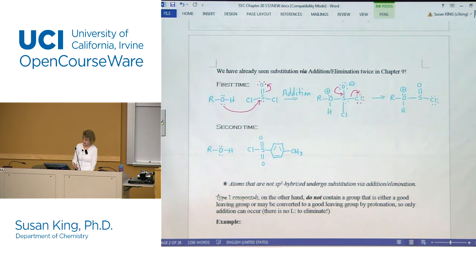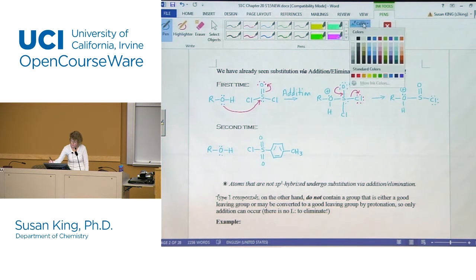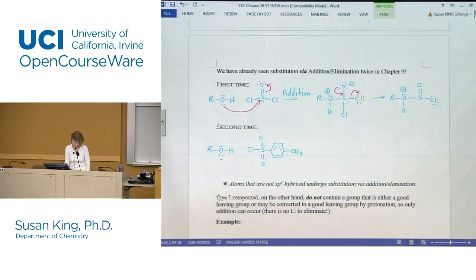In the book, they had the electrons come from oxygen and kick off the chloride in one step. It doesn't happen in one step, it's an addition elimination. So the electrons on oxygen come and attack the sulfur. We kick electrons up onto oxygen. That's addition.